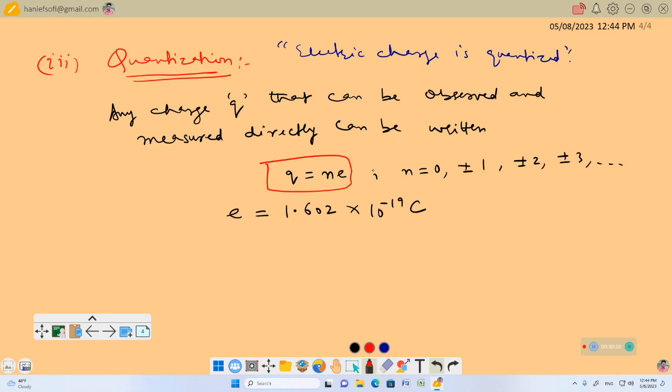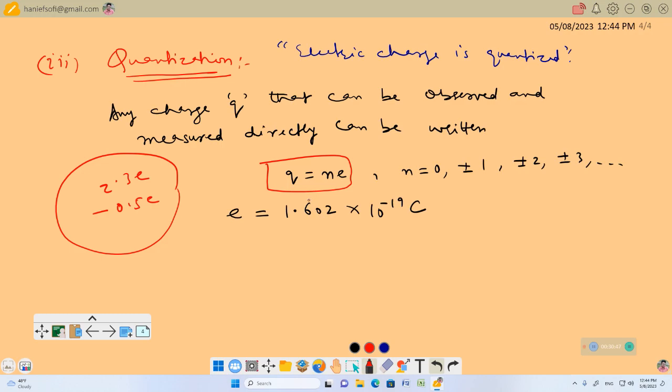That means it can be plus 1e, plus 2e, plus 3e, or negative, minus e, minus 2e, minus 3e. It cannot be 2.3e. It cannot be minus 0.5e when you measure the charge of any object directly, right? Why so? Because it is quantized.